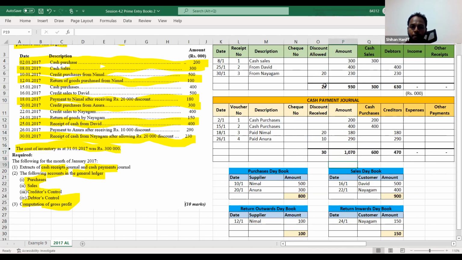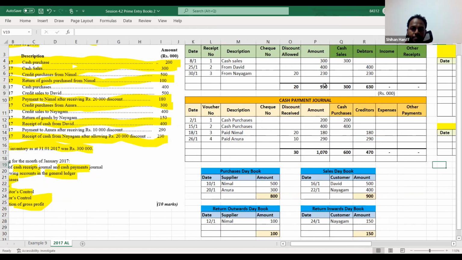Right. So this is how we prepare the prime entry books. The next question is in the general ledger: purchases, sales, creditors, and debtors control accounts.